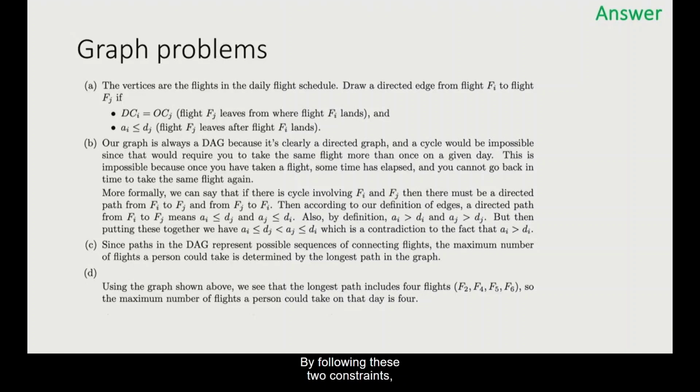By following these 2 constraints, we can draw a directed graph, and we will draw the edges from the origin destination to the ending destination, with the arrow pointing towards the end destination.